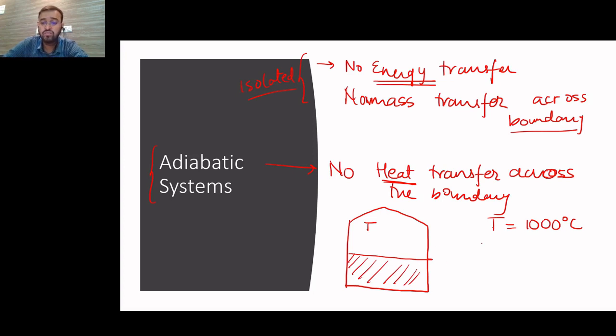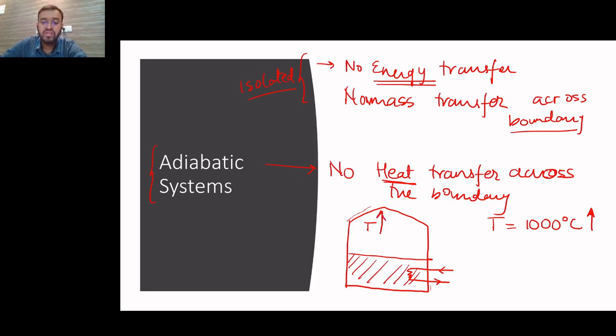What we would normally do is put this in a nice insulated system and ensure that there is no heat transfer across the boundary. Now if you wanted to increase its temperature, you can introduce a heating element here, and as electricity passes through the heating element, this temperature starts rising.